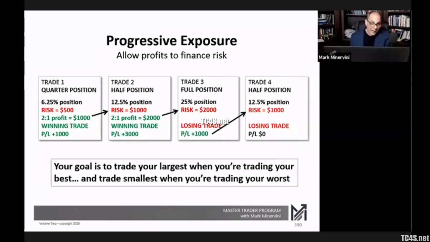And by scaling back when you're trading poorly and decreasing your positions, you're trading your smallest when you're trading your worst. And that is the key to trading large in a bull market and going into cash in a bear market: to always bend in the direction that you're gaining traction or losing traction.